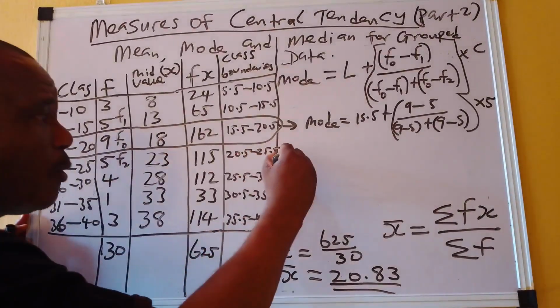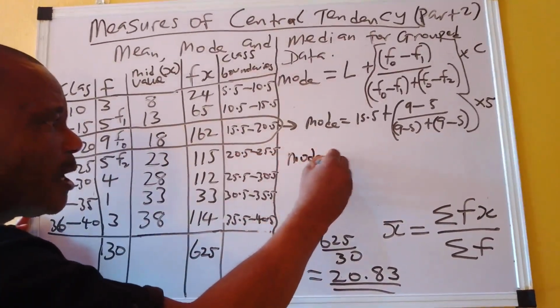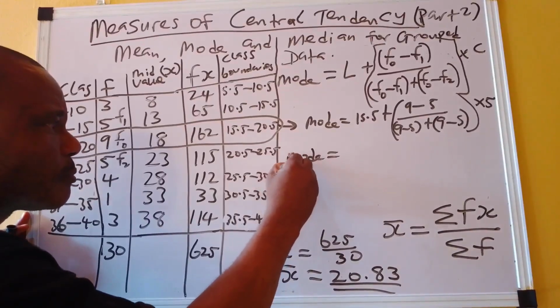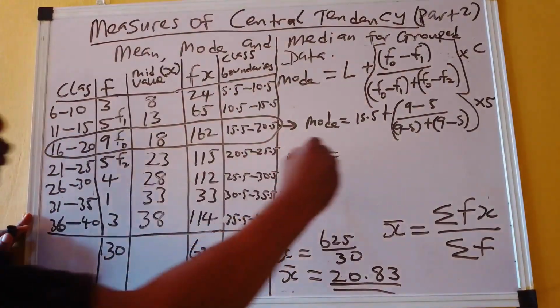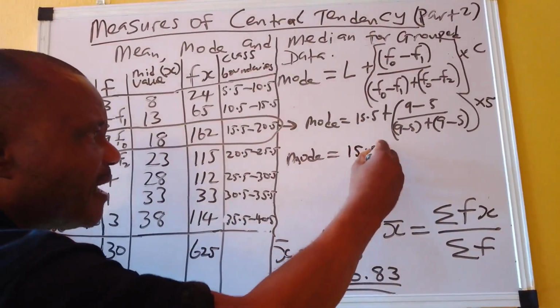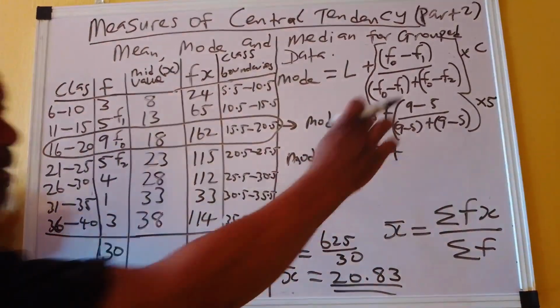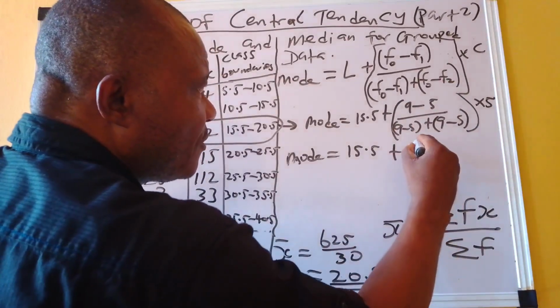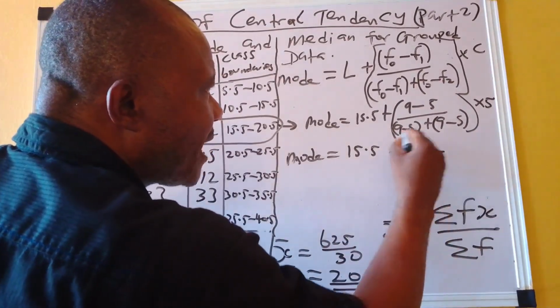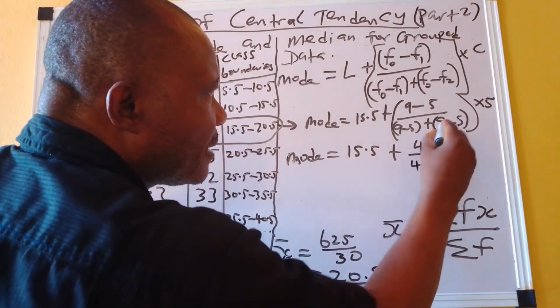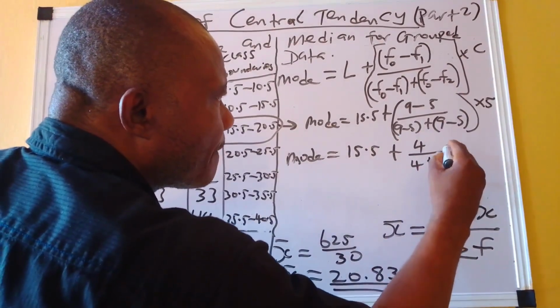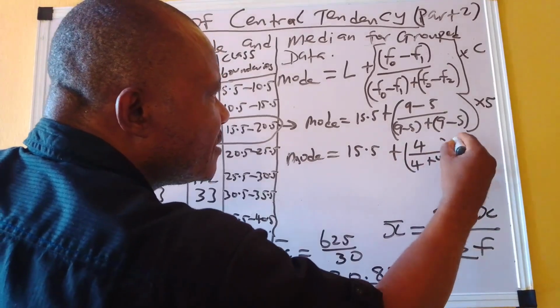So now our mode will be equal to 15.5 plus 9 minus 5, which is 4, all over 9 minus 5, which is 4, plus 4, then times 5.